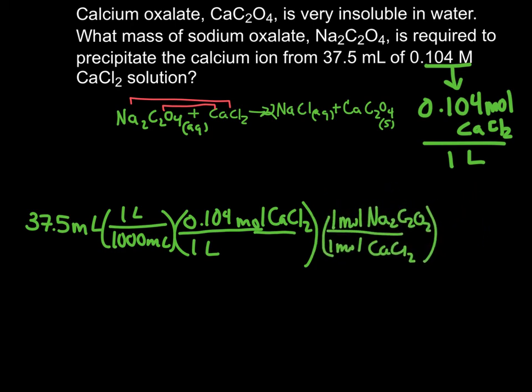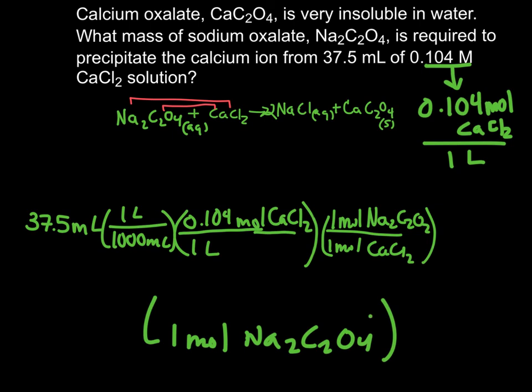The last step for us is to now convert the moles of sodium oxalate to grams of sodium oxalate using the molar mass. So we're going to get rid of our moles of sodium oxalate. And using the periodic table, our molar mass of sodium oxalate is 134 grams.